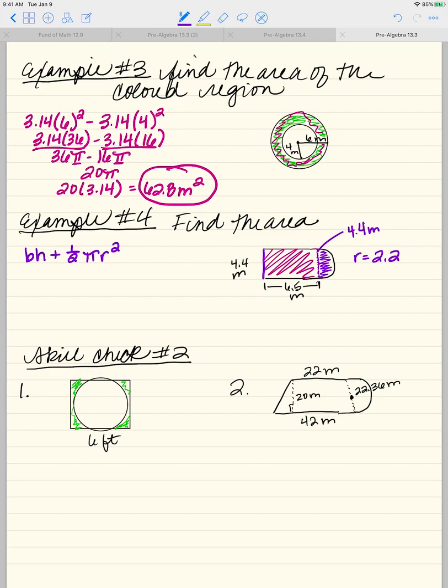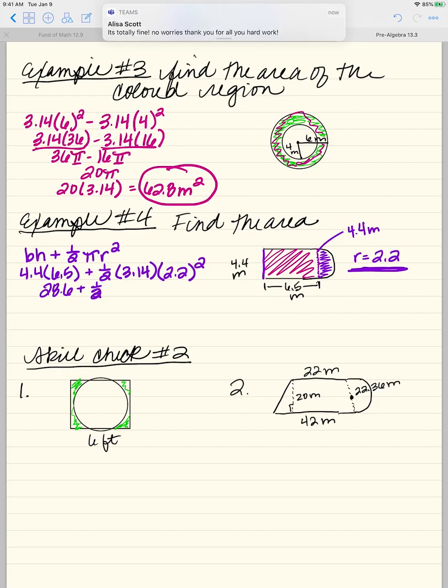So base times height for my rectangle, 4.4 times 6.5, plus 1/2 times 3.14 times my radius, which we determined was 2.2 squared.